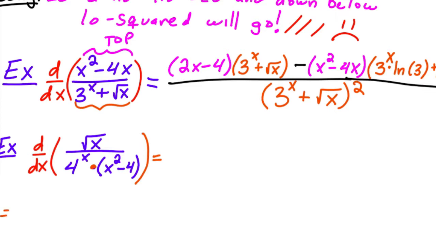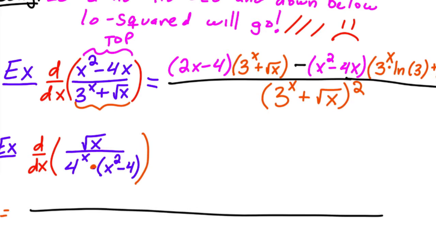I might need a little bit more room, so I'm going to do it down here. Let me erase this. Okay, so if we just follow our basic rules, I'm going to color the top purple, and the bottom green.